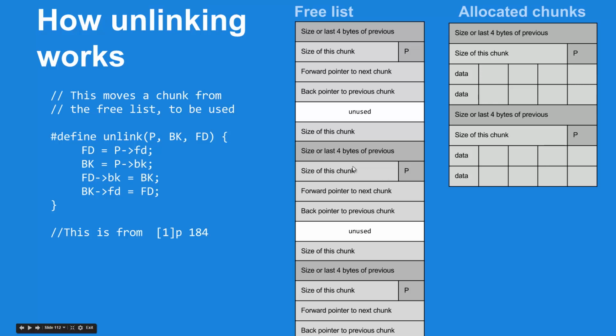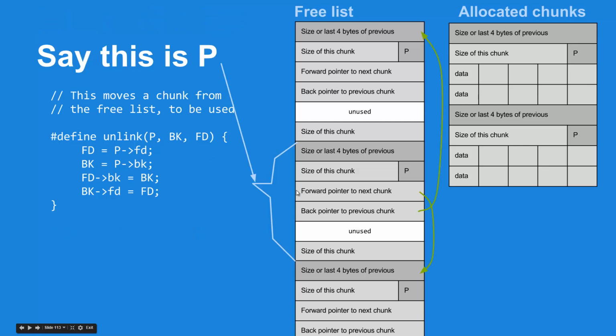And what it's going to do, it's going to take a chunk from the free list. It's going to redirect these pointers so it no longer includes this chunk, since it's going to be allocated, and perform the unlinking. So let's say that this chunk, from the size here to the end, is P. And we're going to move this from the free list to be used, and we have to redirect the forward pointer here and the backwards pointer here.